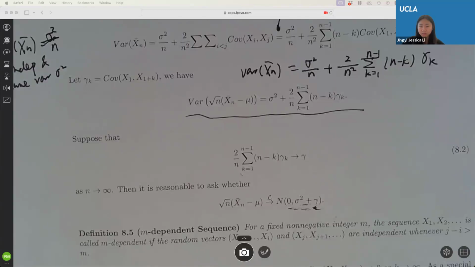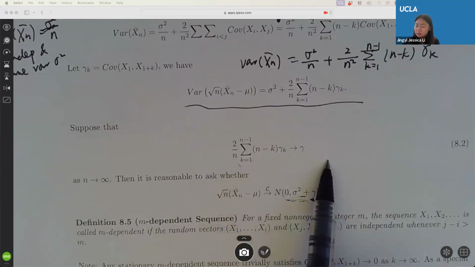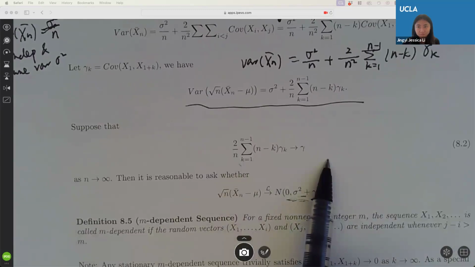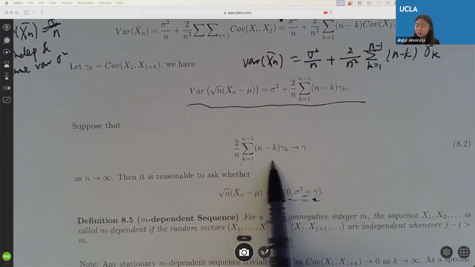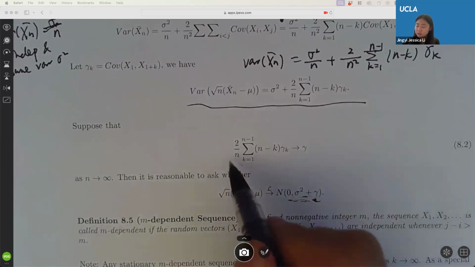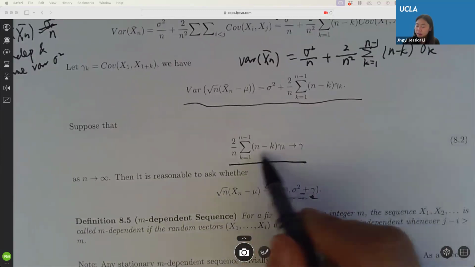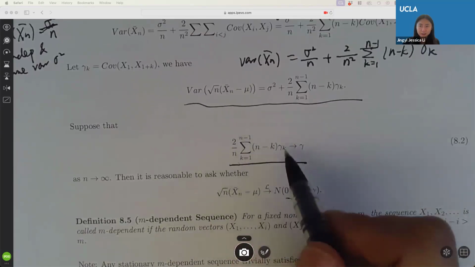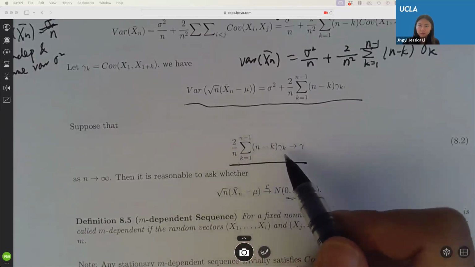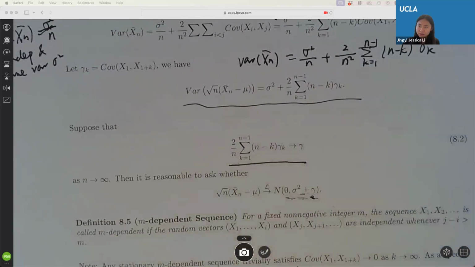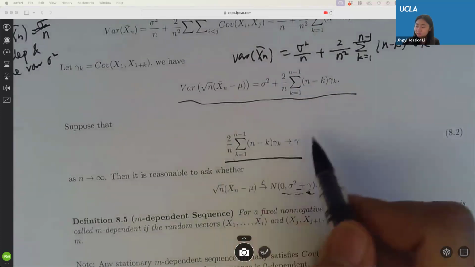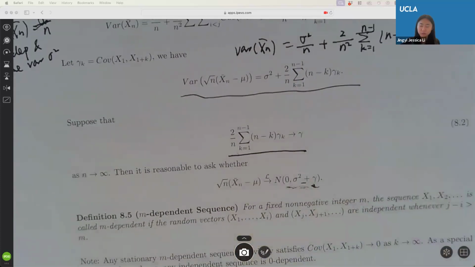This whole derivation is just about stationary sequences, so this is what we have for stationary sequences, not beyond that. But this only holds when we have this limit. If this doesn't converge, if this diverges, then the variance will explode, so you won't have the result.